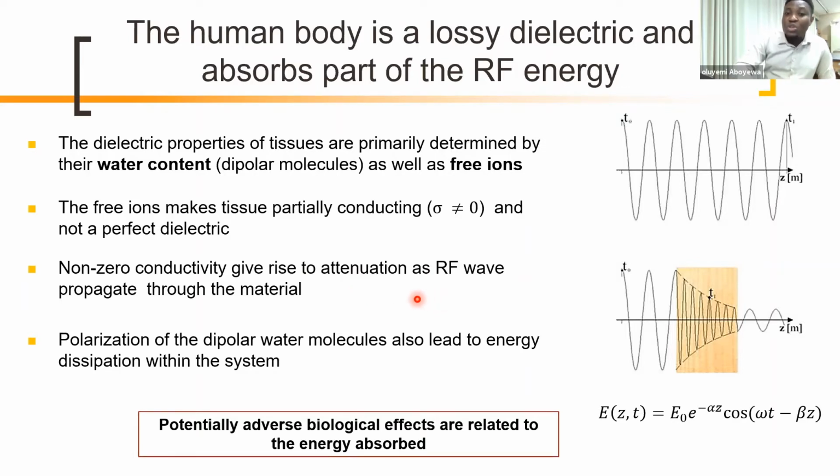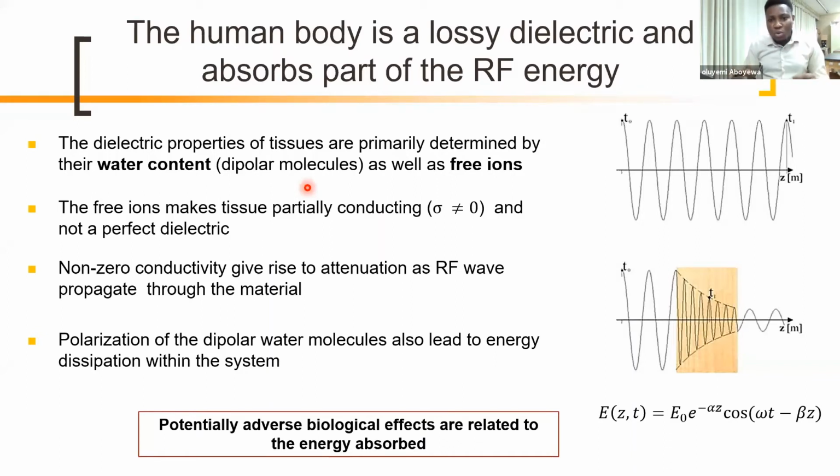And this attenuation is not only due to the free ions; it can also be due to the water content, because water, as we know, is a dipolar molecule. You have hydrogens attached to oxygen, and there is an asymmetric distribution of charges, where the oxygen end is more negative and the hydrogen end is more positive. In that sense, you are creating a dipole that will respond to an electric field.